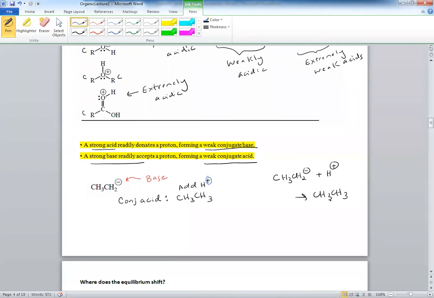If I were to draw the conjugate base of this, then I would remove a proton, and if it's neutral, it leaves behind a negative charge. But let's actually look up the pKa.